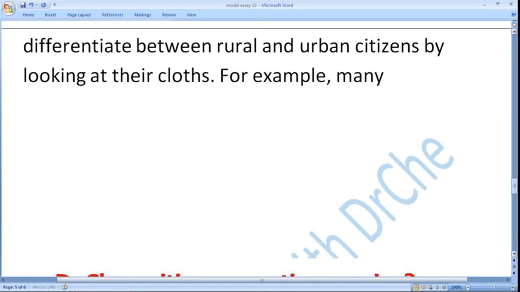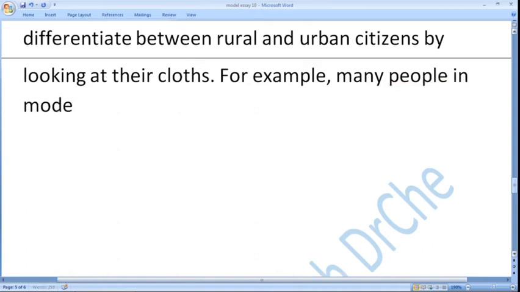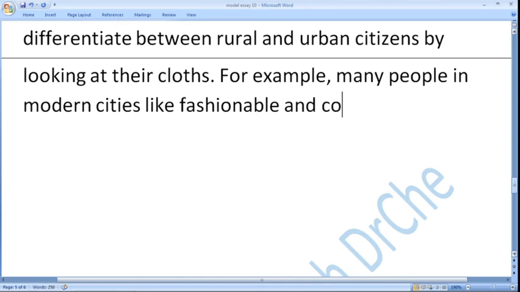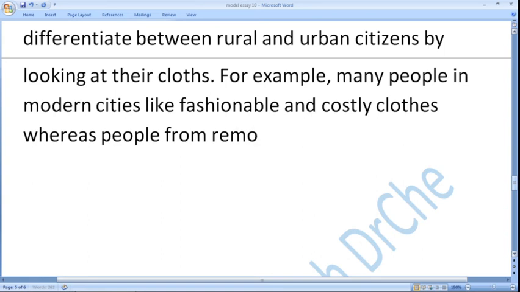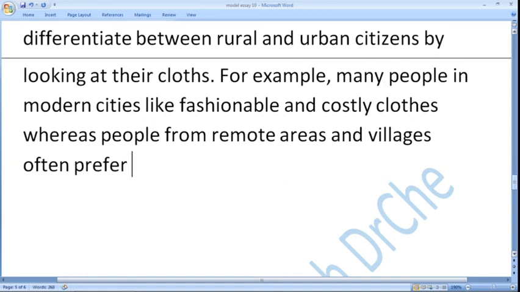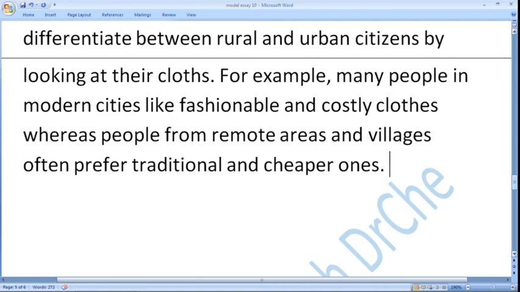For example, many people in modern cities like fashionable and costly clothes, whereas people from remote areas and villages often prefer traditional and cheaper ones.